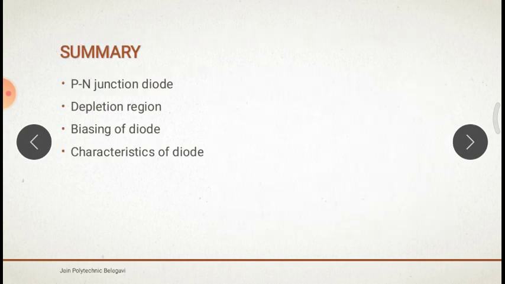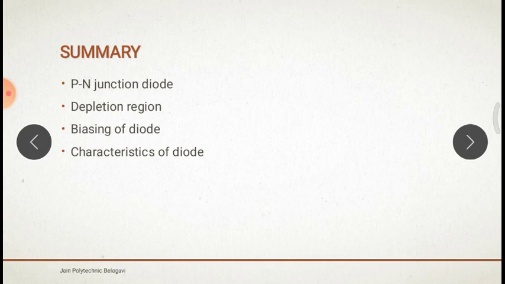I hope you understood the junction diode, how it is formed and how the depletion region is formed. We discussed the potential barrier and biasing of the diode: no bias, forward bias and reverse bias. We saw when the diode starts to work, which is in the forward bias condition, and the VI characteristics of the diode, what happens in forward bias and in reverse bias.